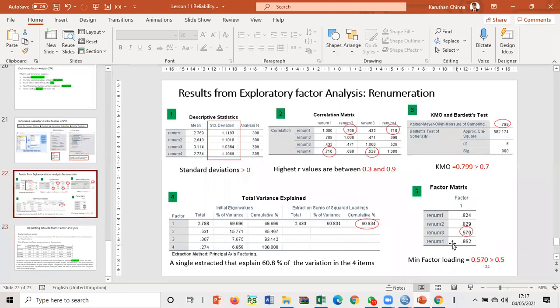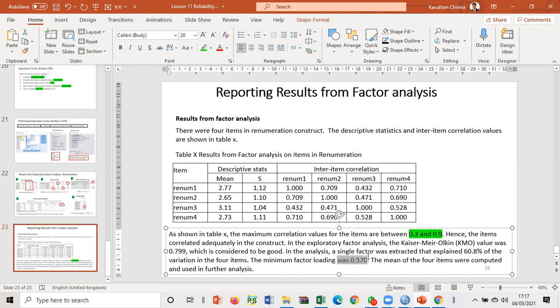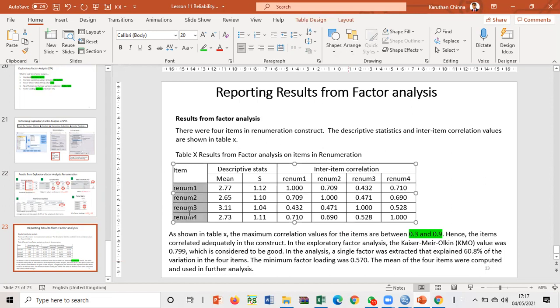The minimum factor loading, and I don't go into detail on this, is 0.570. It's like your regression coefficient. If all these are fulfilled, you can take the average of the 4 items to represent the remuneration concept.